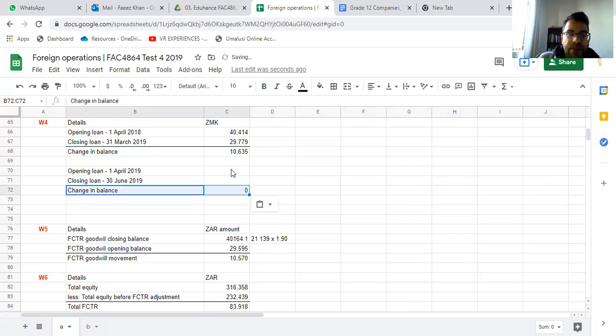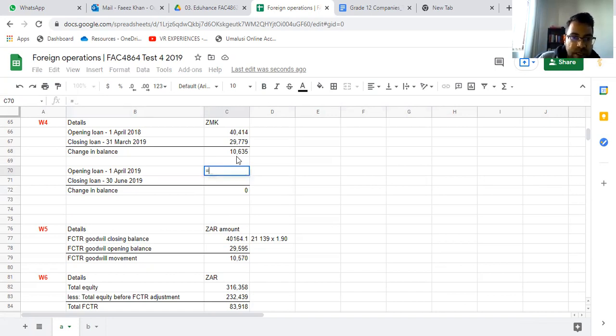1 April 2019 is the same as 31 March 2019, so I'm just going to say equal to that. How did we get this amount? Remember, it was the Rand value at 31 March 2019 divided by the exchange rate at 31 March 2019.